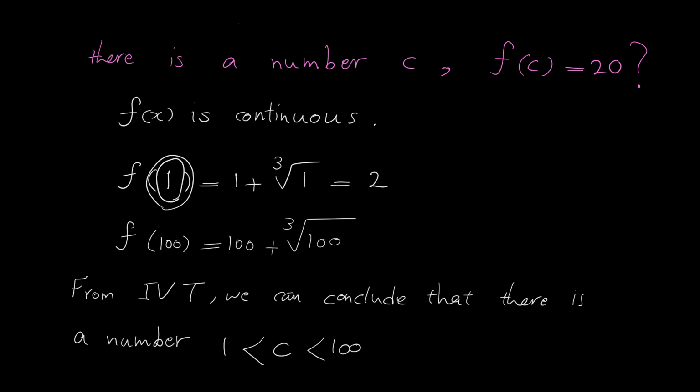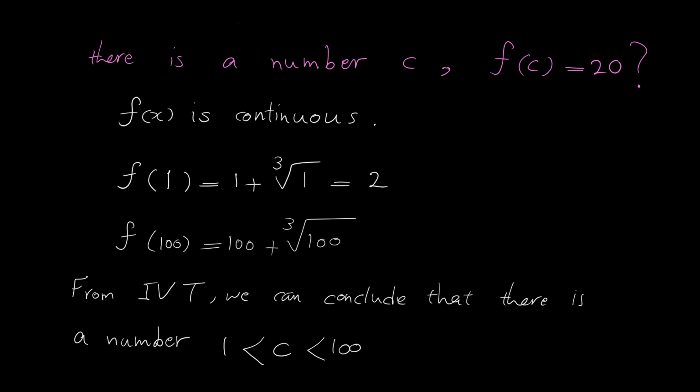Maybe you choose other numbers, not necessarily these numbers. It's up to you. But one of the numbers should make the function less than 20, the other one greater than 20. This is the important thing you have to consider. Otherwise, you are free to choose numbers a and b. I choose 1 and 100.